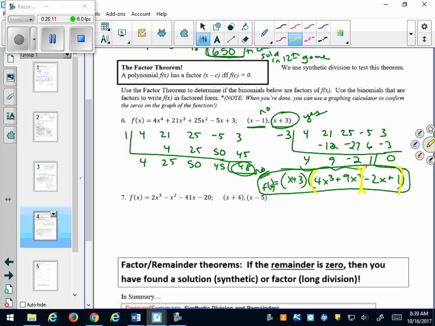We're going to do synthetic division again, or whatever it takes to get it totally factored down, even if it's irrational or complex or whatever. At this point, you can leave it, okay? So I would like you to try number 7, because that one works out a little better.